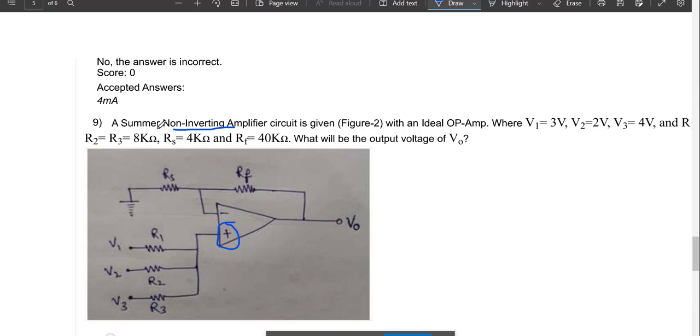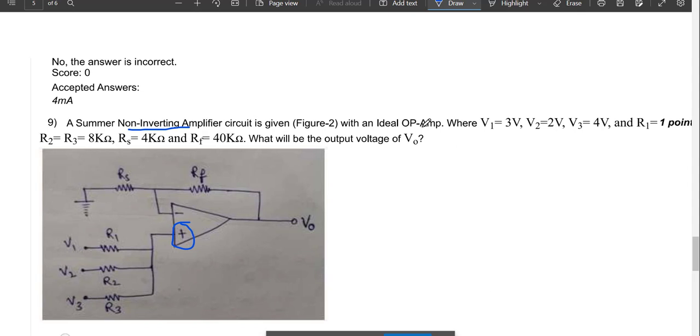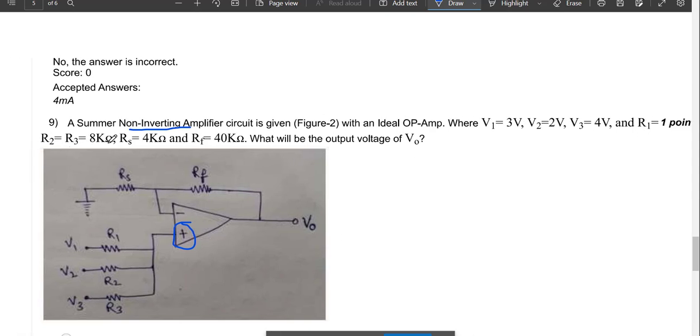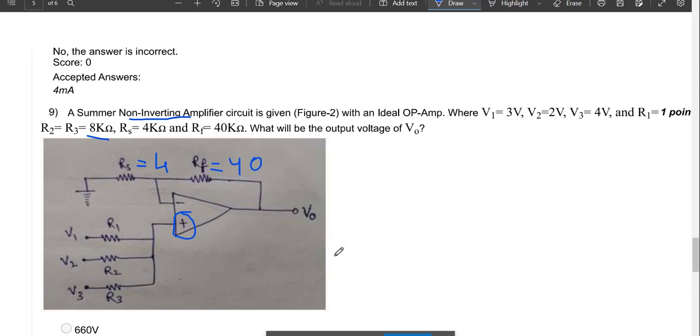So a summer non-inverting amplifier is given with an ideal op amp, where V1 is 3 volts, V2 is 2 volts, V3 is 4 volts, R1, R2, R3 are 8 kilo ohms, RS is 4 kilo ohms, and RF is 40 kilo ohms. Now, what will be the output voltage?